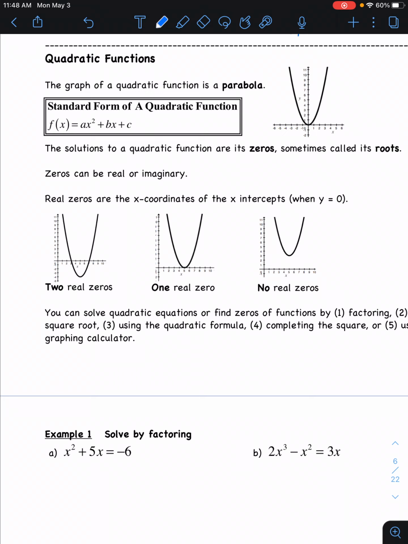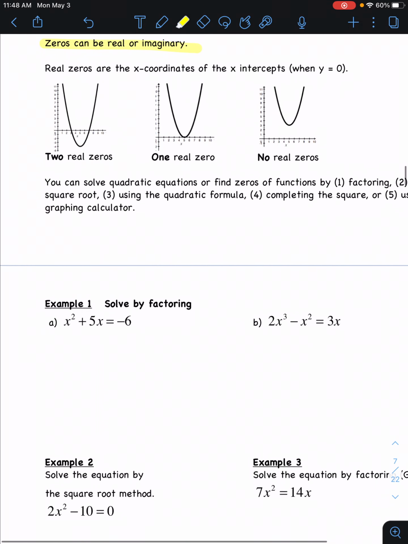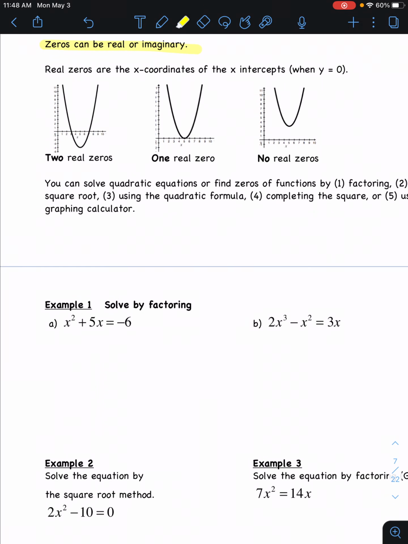So zeros, now this is a major important thing here. Zeros can be real or imaginary. You'll see that pop up in the assignment. So here are 3 examples. The first one, if we get x equals 2 distinct numbers, we have 2 different zeros.